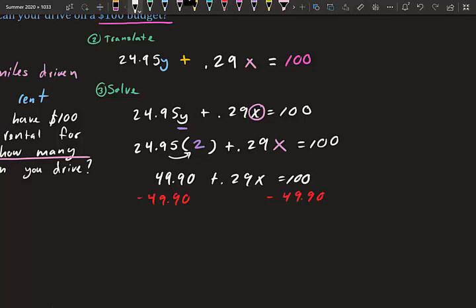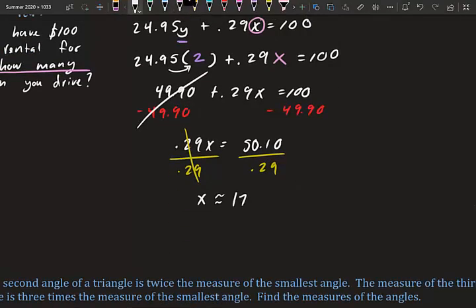And when we do, we are left with 0.29x equals 100 minus 49.9, so that's 50.10. And usually our last step is to divide, and it is here. So we divide by 0.29, and we get x is approximately 172.75.